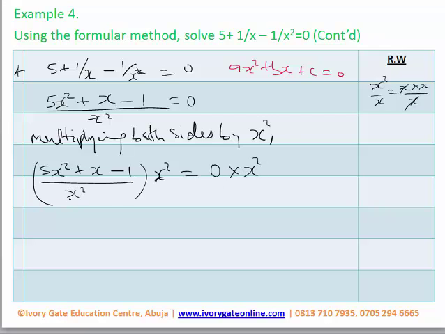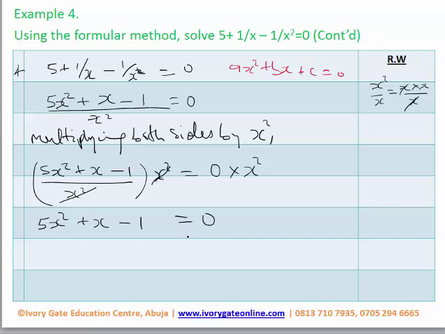What's the essence of this? Because x squared is dividing here, for us to eliminate it we need to multiply. So 0 times x squared, 0 times anything is what? 0. So that gives us 5x squared plus x minus 1 is equal to 0.